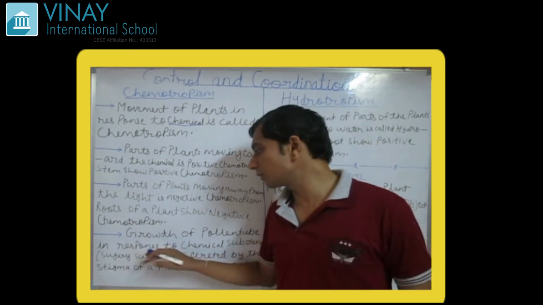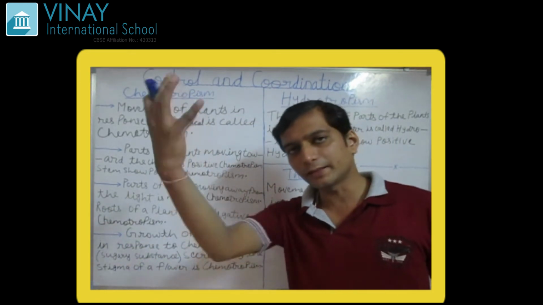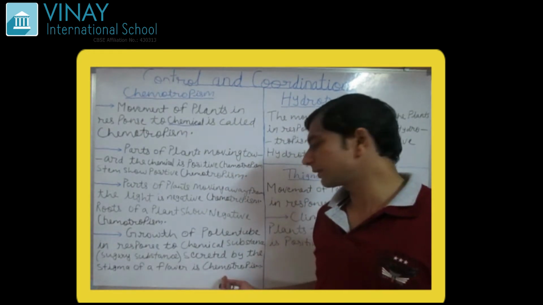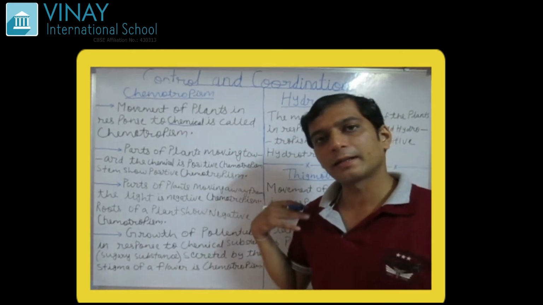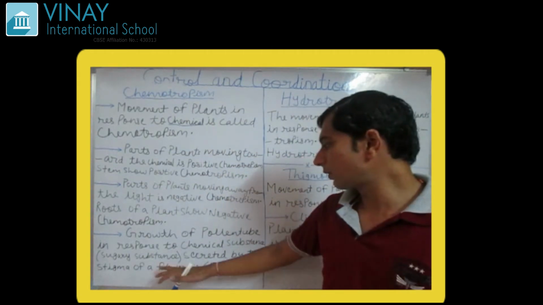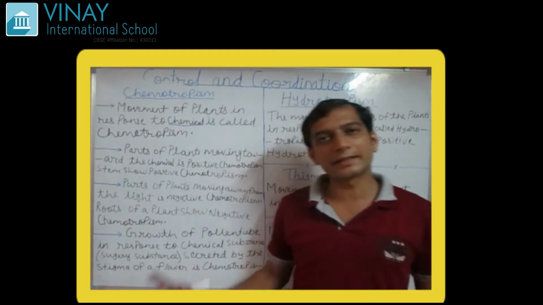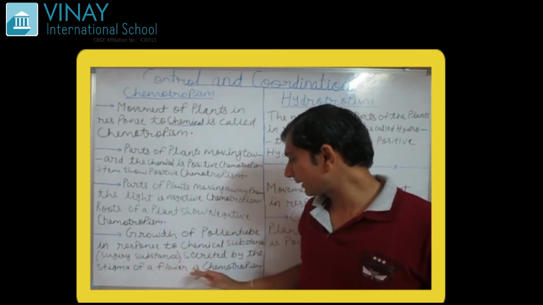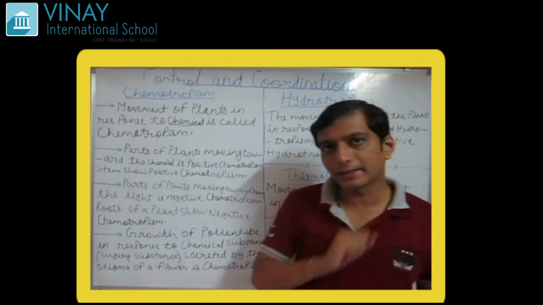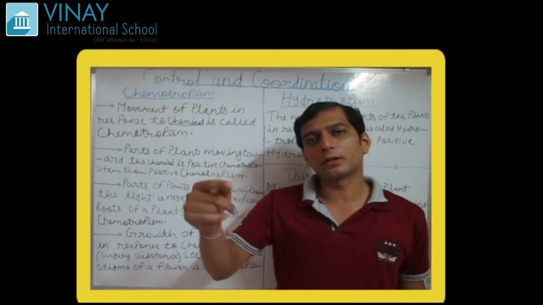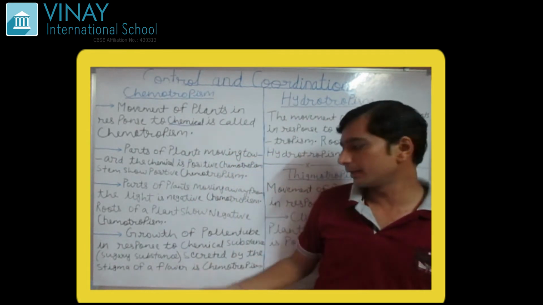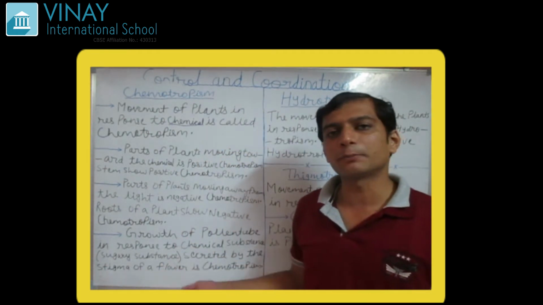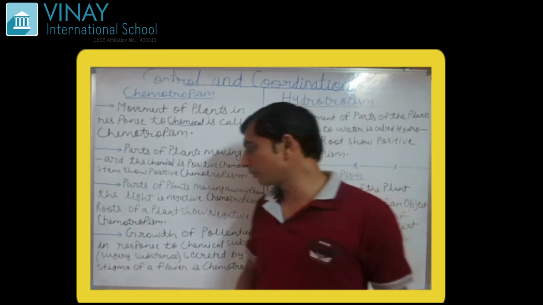So the response of the pollen grain growing downward into the stigma is a reaction to the chemical, because the chemical substances secreted by the stigma attract the pollen grains, due to which they form the tube and reach the stigma. So here chemicals are playing an important role. So this is chemotropism.